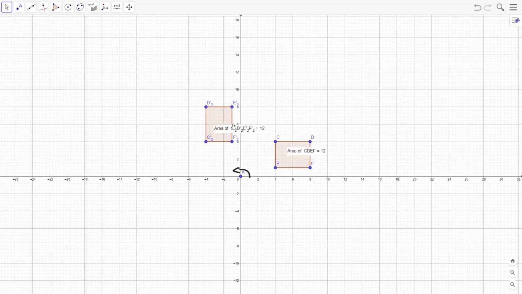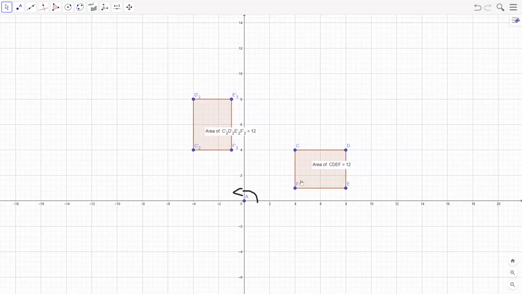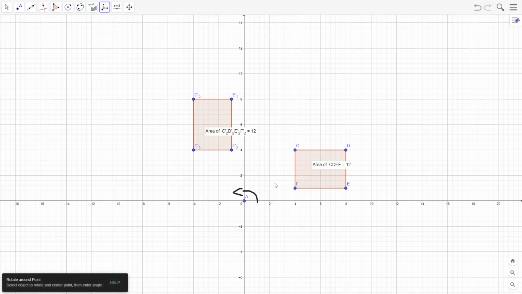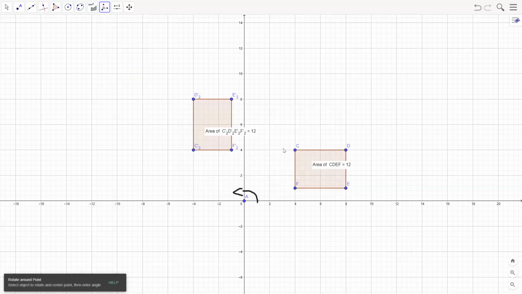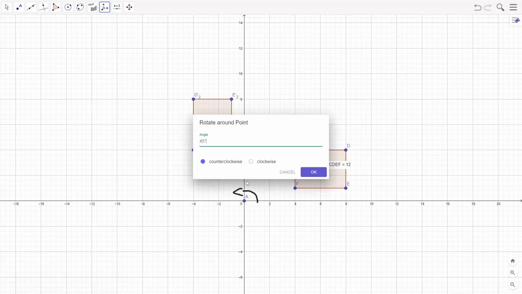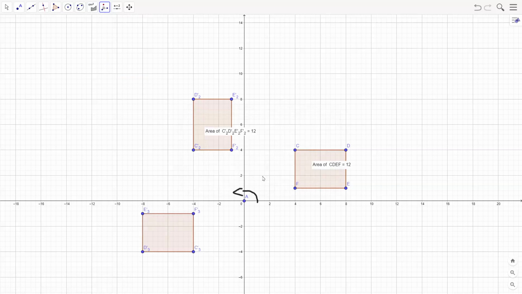So now let's go to the next one. Let's have an example where we do a 180-degree rotation. If I do counterclockwise or clockwise, 180 degrees is going to be the same thing, because it's halfway around the coordinate plane either way.